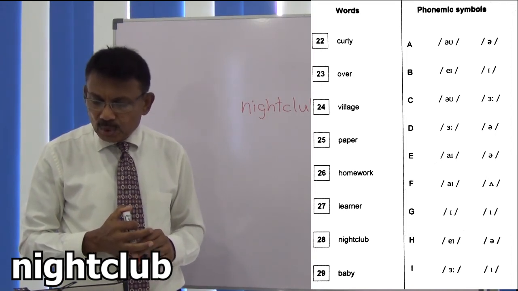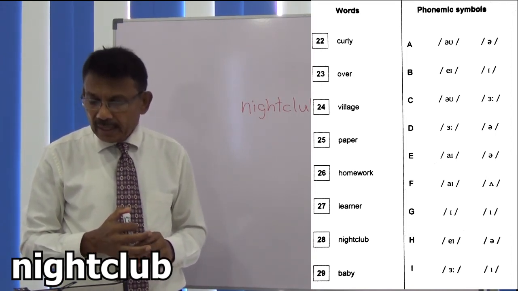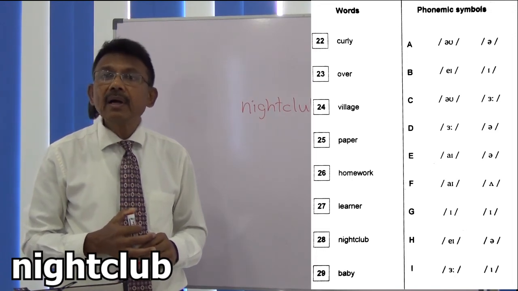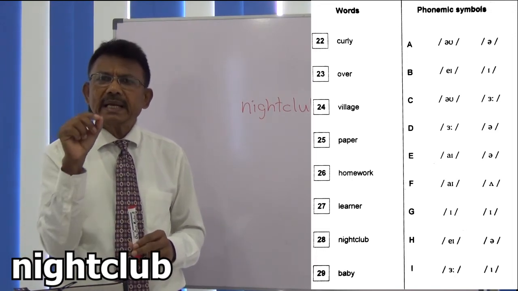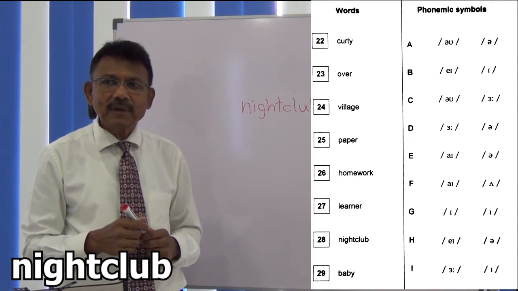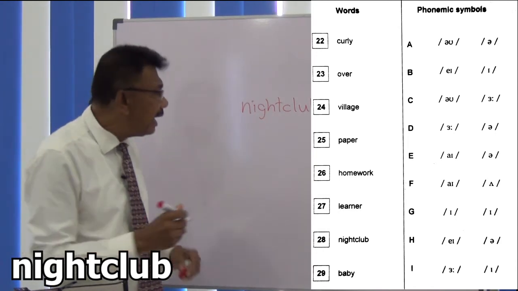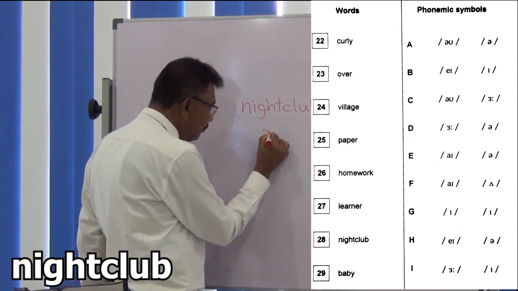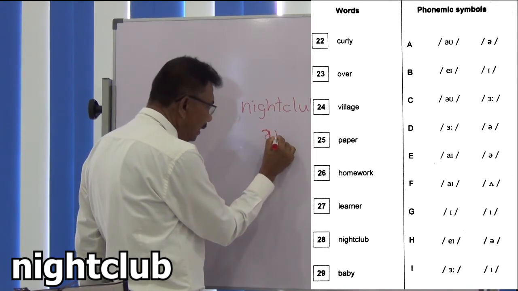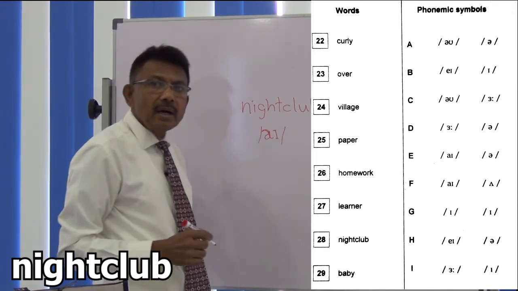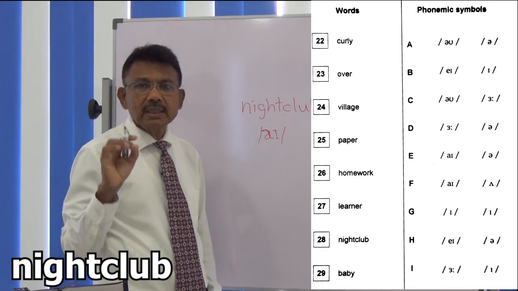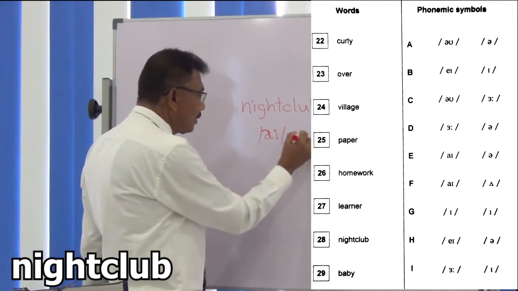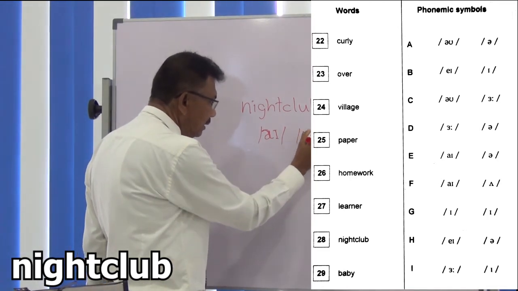So what are the sounds? Night club. When we say night, I is there. I. How do you write I? This is I. Club. Not a. Cut, but, like that.